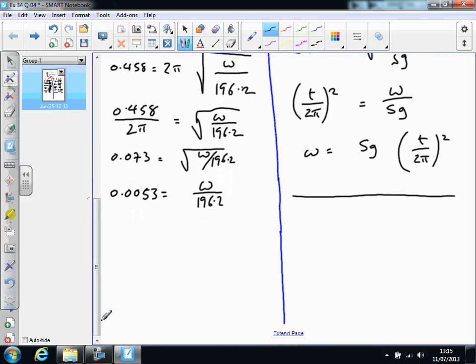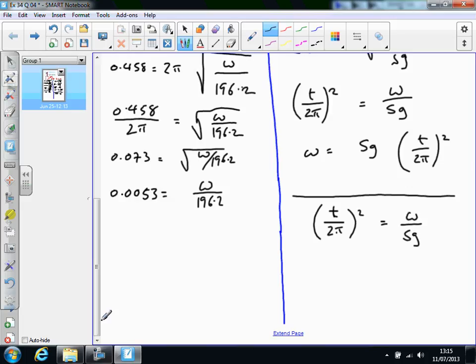However, I'll start you off with it because once we get to this point, let's carry on. So we've got T over 2 pi all squared equals W over SG.